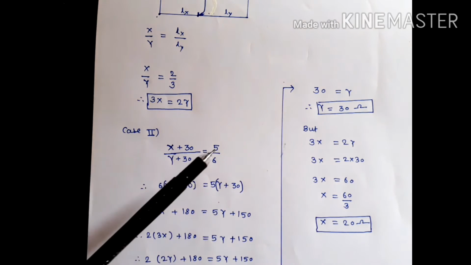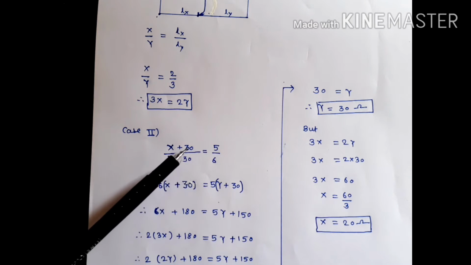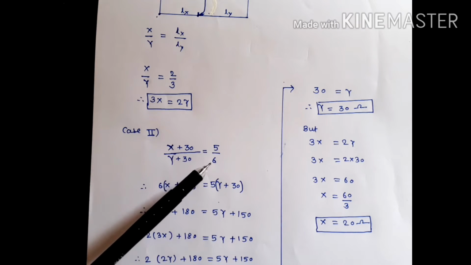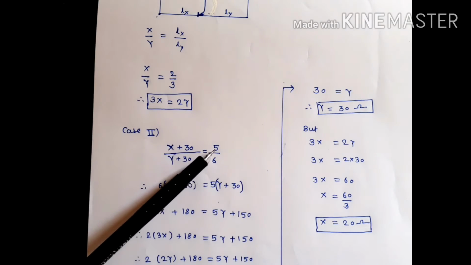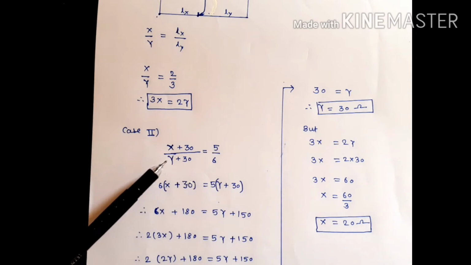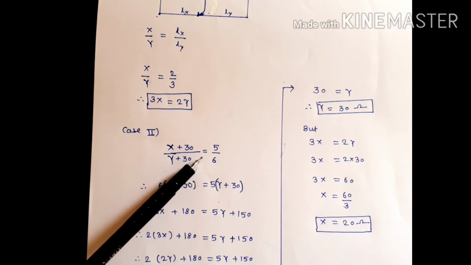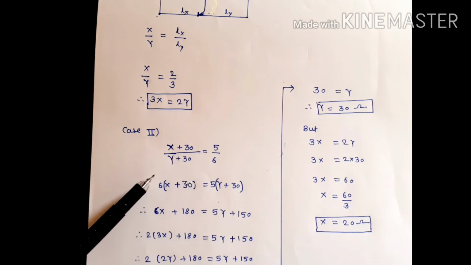Therefore, the new balancing length Lx dash divided by Ly dash becomes 5 divided by 6. By writing this equation, X plus 30 divided by Y plus 30 is equal to 5/6.